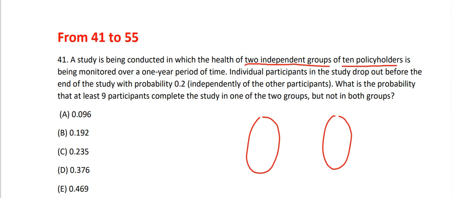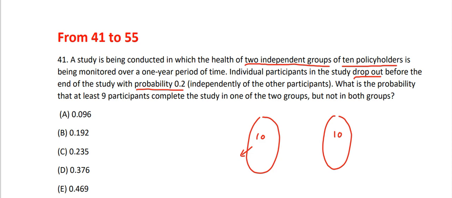An individual participant in the study drops out before the end of the study with probability 0.2. So here we have 10 people here, 10 people here. Some people will drop, with drop probability 0.2, but some people will stay.